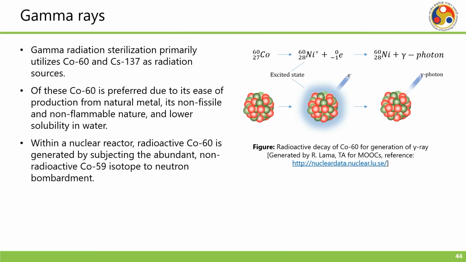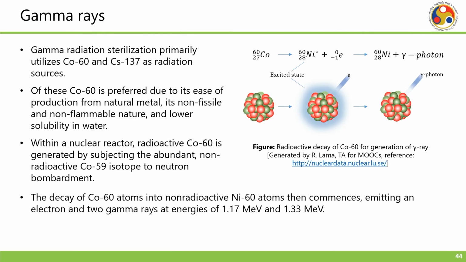Within a nuclear reactor, radioactive cobalt 60 is generated by subjecting the abundant non-radioactive cobalt 59 isotope to neutron bombardment. The decay of cobalt 60 atoms into non-radioactive nickel 60 atoms then commences, emitting an electron and 2 gamma rays at energies of around 1.17 MeV and 1.33 MeV.